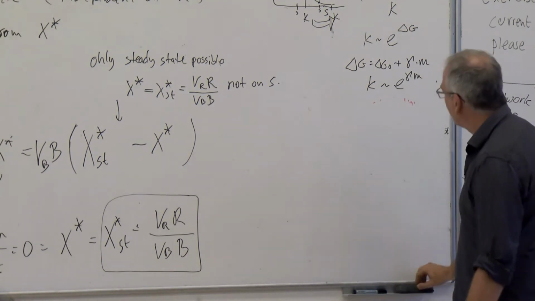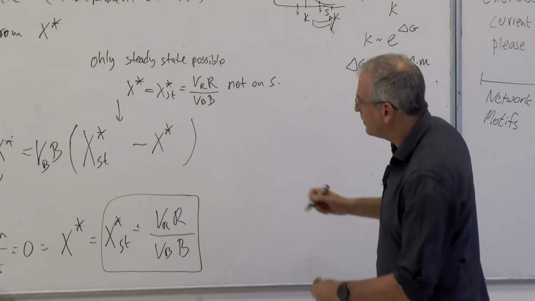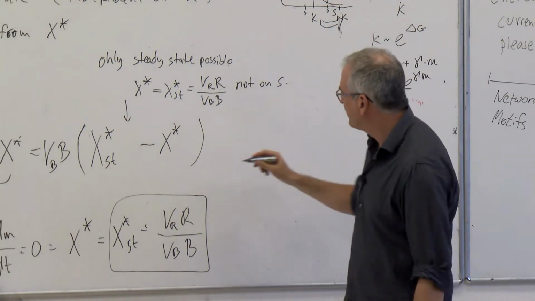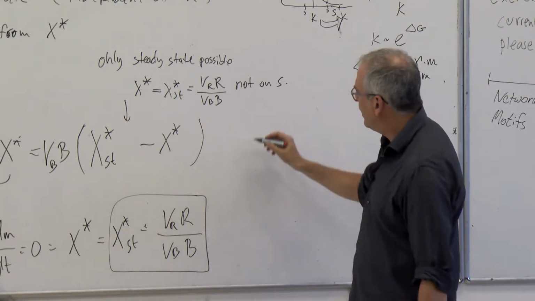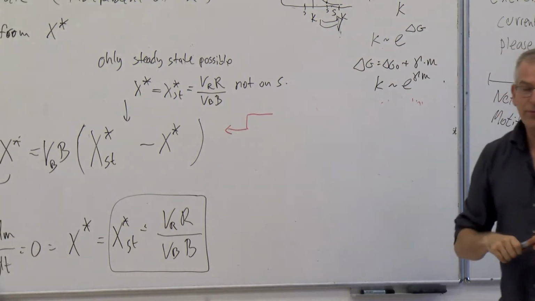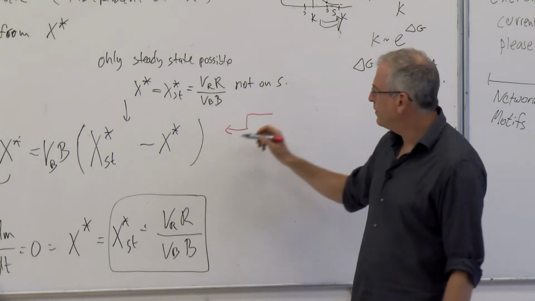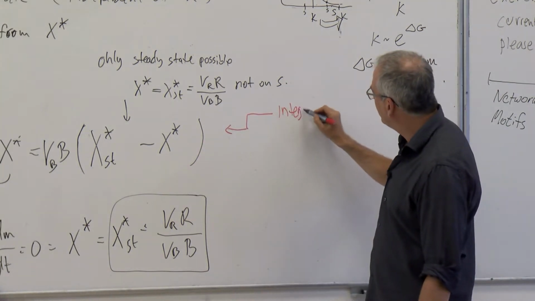Before that, I just want to say that this way of writing an equation has a name in engineering. Engineers have used the same principle for 150 years, and it's called integral feedback.